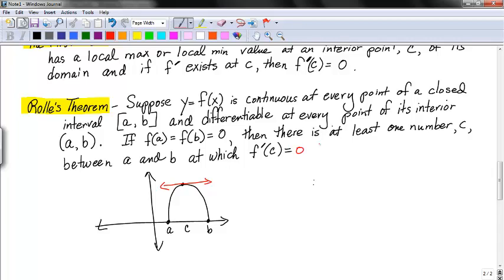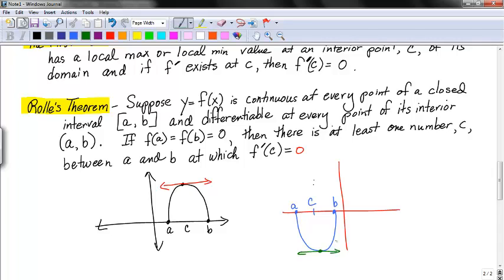Whether it's like that on the graph, or if I did the same thing and graphed something like this. If this is A, this x value is B. If those two y values equal 0, then there's got to be some c in between where the derivative, the slope of the tangent line, has to equal 0. So basically you're going to have a max or a min in between. And that's Rolle's theorem.